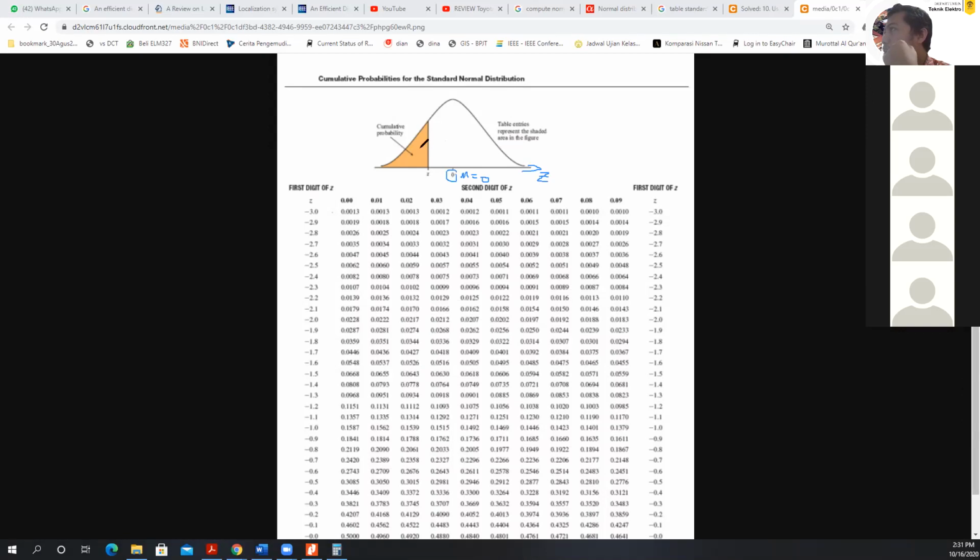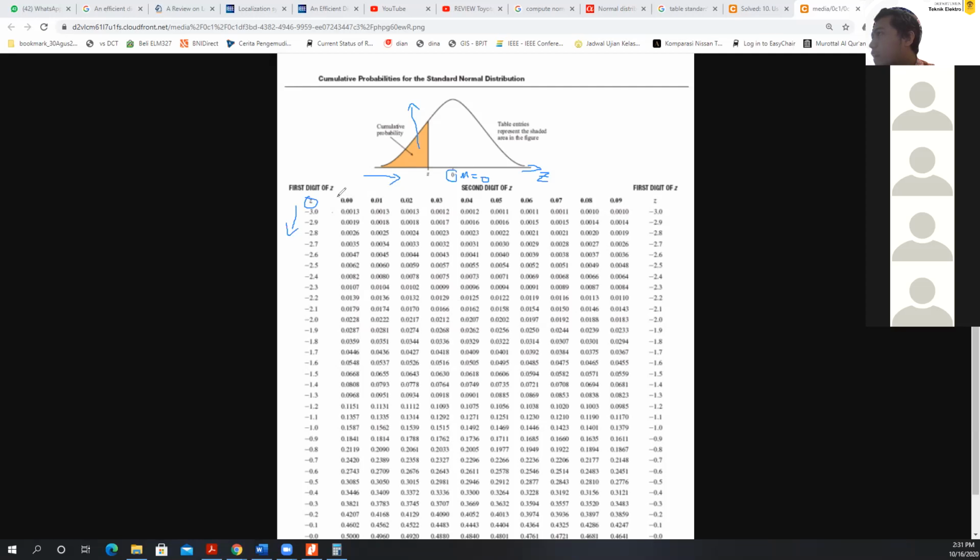This is the graph, and the orange one is the area that we want to compute. You can see there are many columns. The leftmost column represents the random variable z, from -3, increasing, -2, -1, and always increasing.